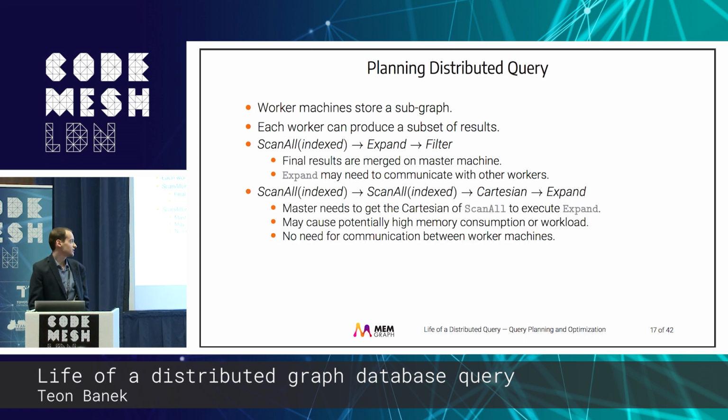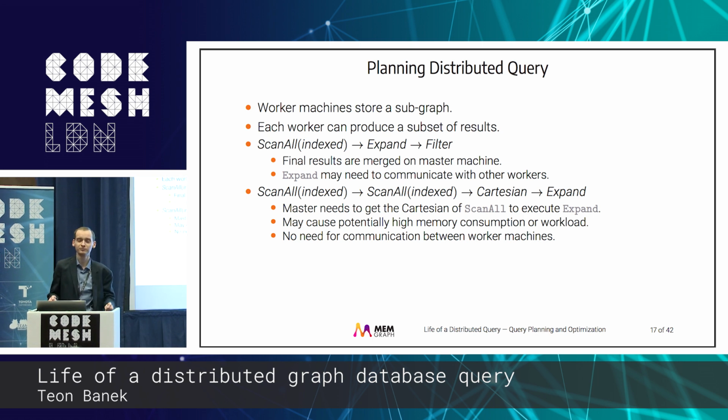In the other case, we can only perform this part of the query on each worker because Cartesian needs to see all of the results. And the master is designated as the one controlling the execution, and as such will receive the results of each scan all and combine them into a Cartesian product to get whether the pairs are connected or not. Now, this has other implications with regards to communication.